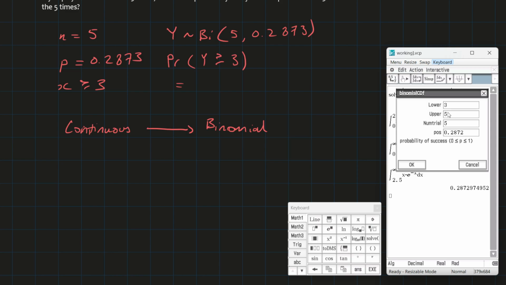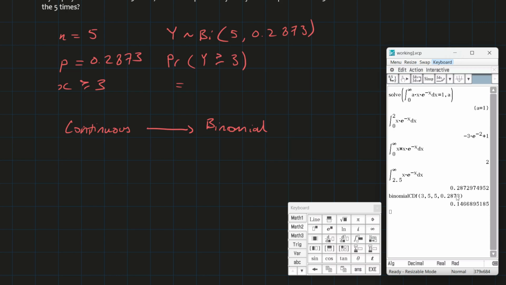Now just keep in mind, I know this is a shortened decimal, so what I'm going to do is copy out this decimal and put that decimal in there, just to make sure that we don't have any rounding error when doing our evaluation. I'm not going to type them all in because it's going to be hard to remember, but I'm just going to copy and paste it in this calculation line here, which I can safely do. And then I end up getting, to 4 decimal places, 0.1467 for this answer.